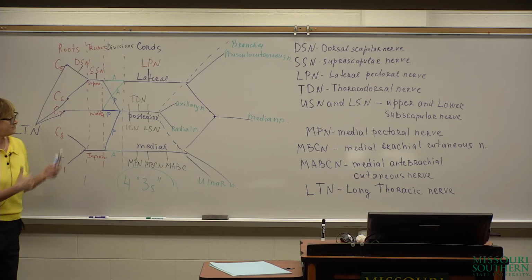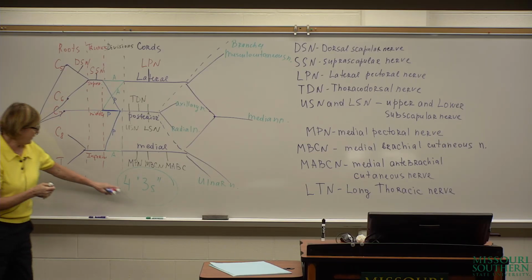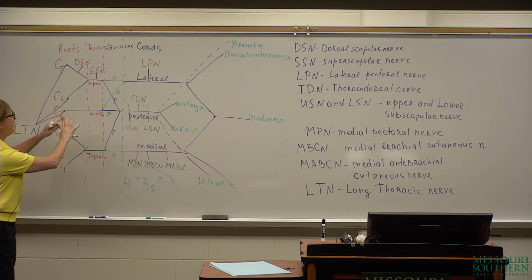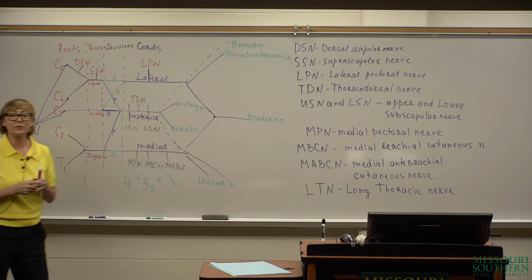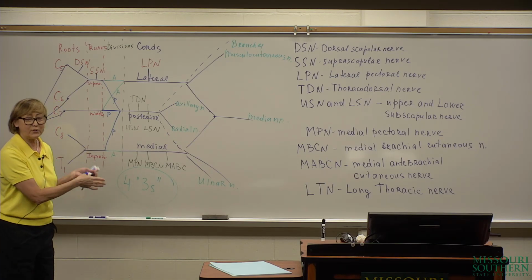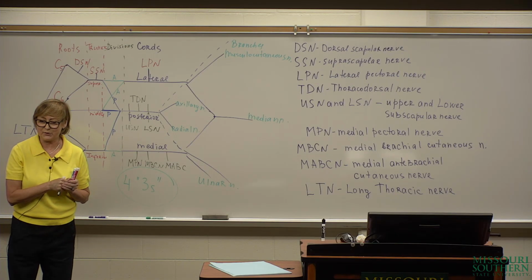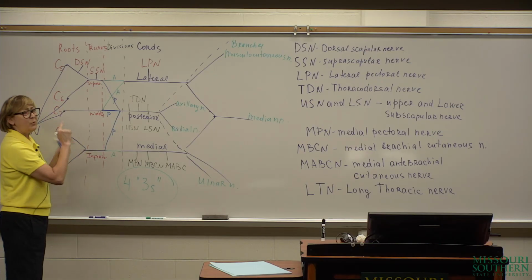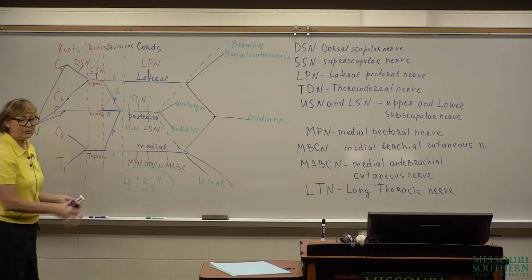So by using the rule of 4 threes, we positioned every single collateral branch at the right origin at the brachial plexus. So there is one nerve that doesn't actually follow this rule.